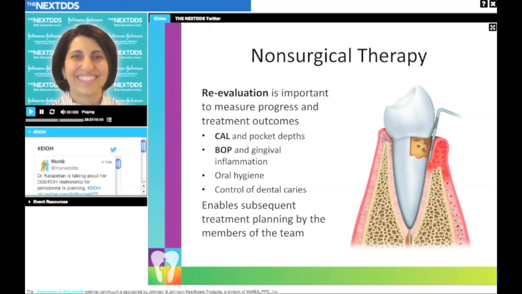So we have another question which states, how much does the literature influence your patient recall intervals versus what you and your dental hygienist see firsthand? I am a very big believer of evidence-based dentistry. Periodontics is a very deeply rooted specialty in research.